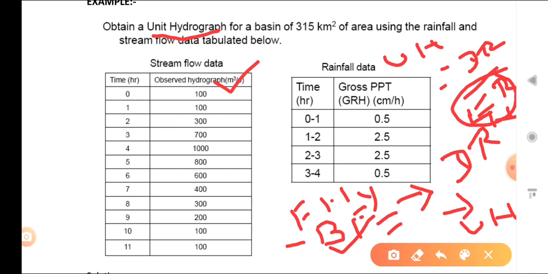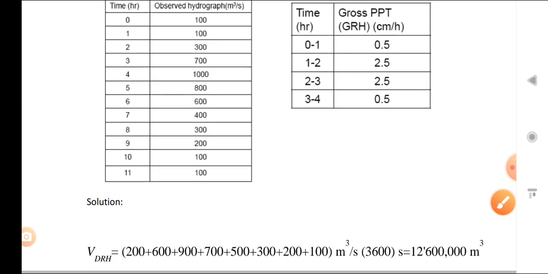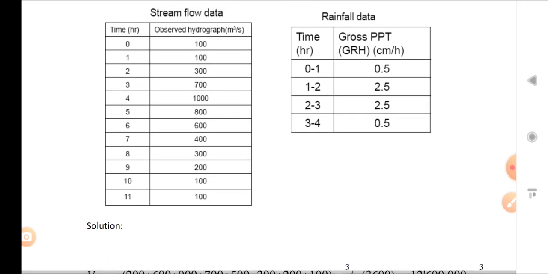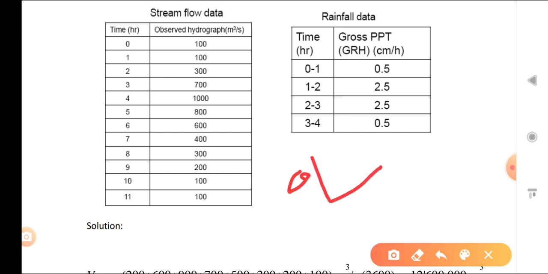Now you can see the observed hydrograph is given there. What is a hydrograph? A hydrograph is discharge versus time. We should make it smooth.